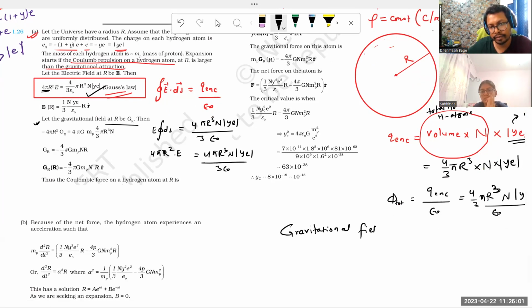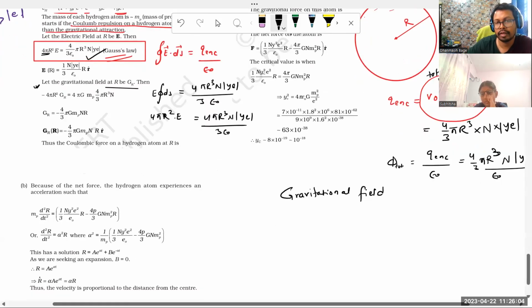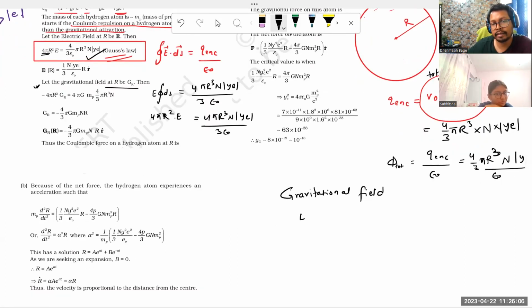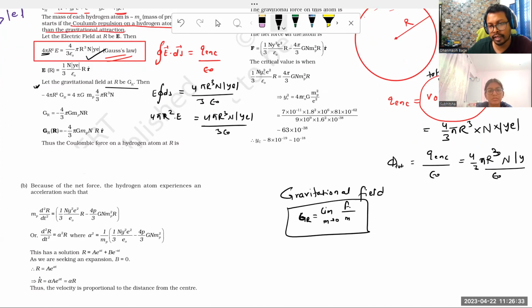Gravitational field is simply defined as g r is equal to gravitational force divided by mass, limit m tends to 0, F divided by m. Exactly like charge, nothing else.